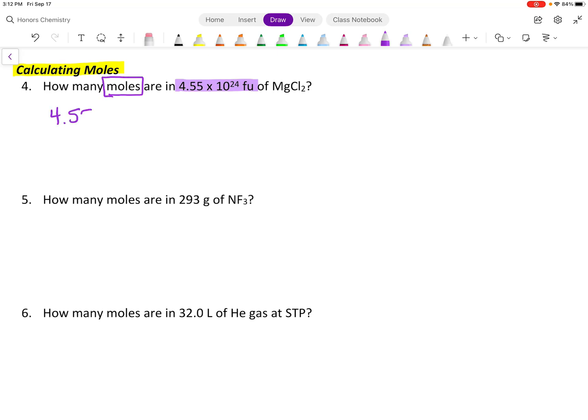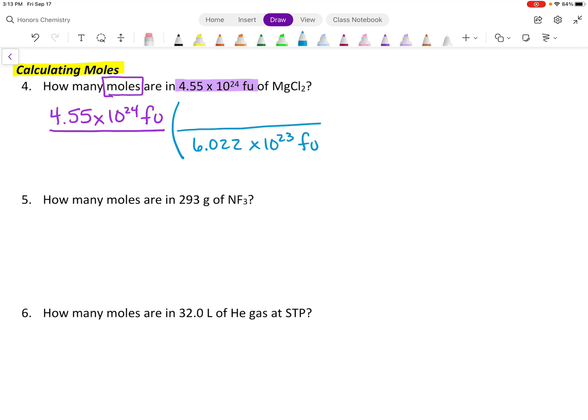So 4.55 times 10 to the 24th formula units. And I am going to use Avogadro's number, but now I'm going to flip that conversion factor because I have formula units or the pieces on the top, so I want to have 6.022 times 10 to the 23rd formula units or pieces on the bottom, and 1 mole on the top.